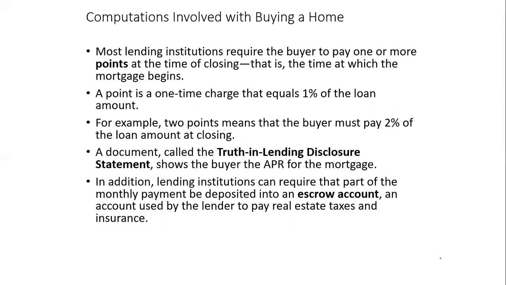When you go to purchase a home, most lenders will allow you to pay points. What the points do is lower the percentage of the interest rate. So you pay 1% of the loan, and it will lower your interest rate percentage.